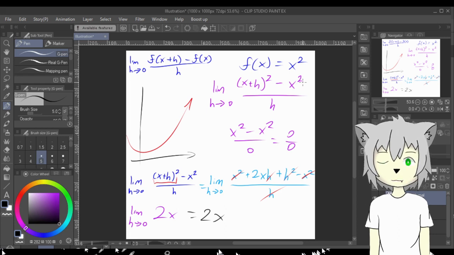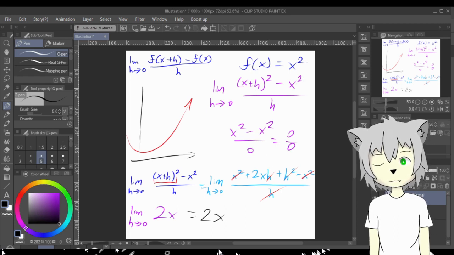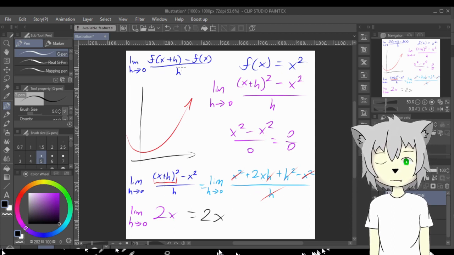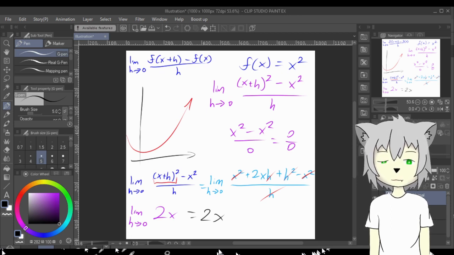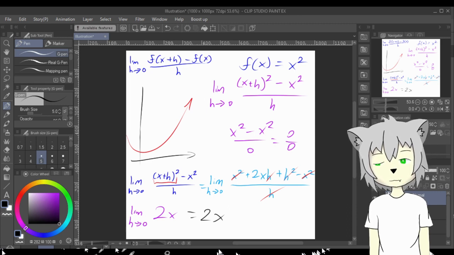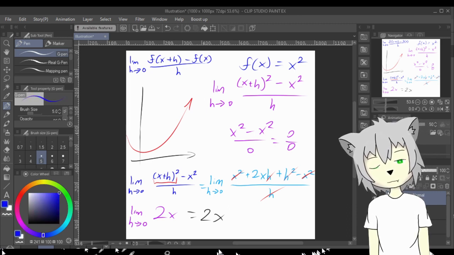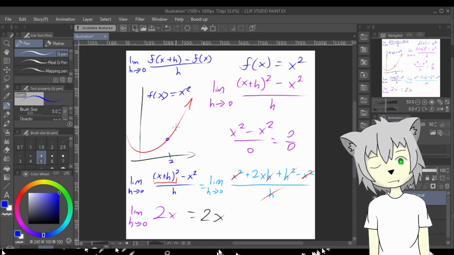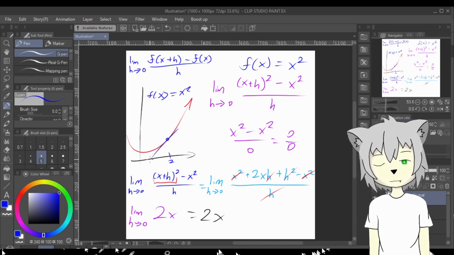Now, we could basically place c in for x at this point because that's how it works for any given number. So for the function x squared at 2, the slope is 4.